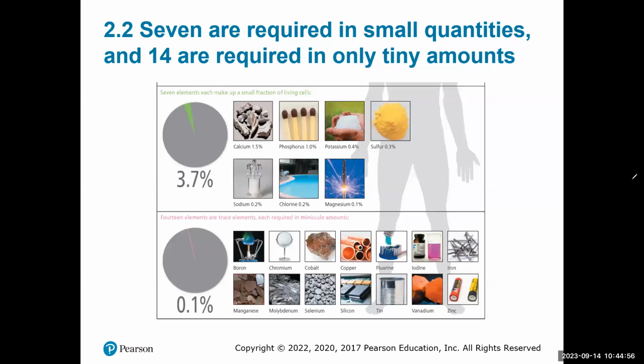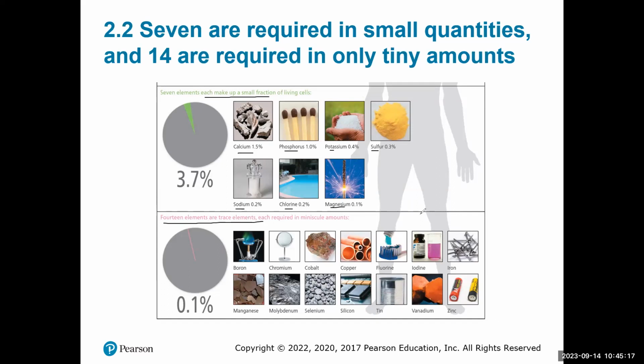Now there are 7 other elements that are required in smaller amounts. Those are calcium, phosphorus, potassium, sulfur, sodium, chlorine, and magnesium. And then there are other ones that are considered trace elements.